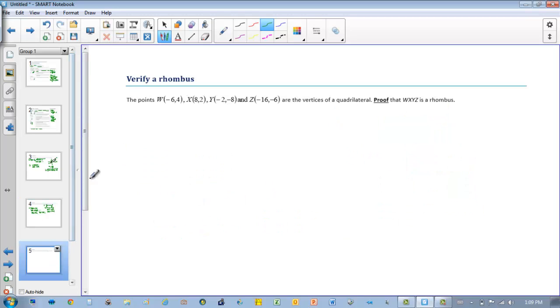Keeping yourself on track and writing down the things that you have to prove in order to prove that the quadrilateral is a rhombus will keep you organized. If you make a mistake, it will be easier for you to track that mistake if you know the steps that you have to take. Good luck, and let me know how it goes in class.